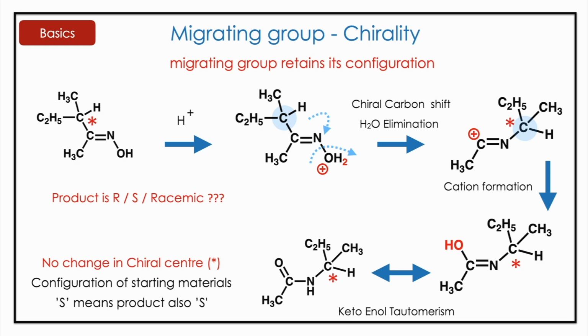The important thing you should learn here is there is no change in the configuration during the transfer of the groups. This is a very important fact because the chiral carbon not changing means the mechanism is concerted. There is on and off proof for concerted as well as non-concerted mechanisms. Here it is a proof for the concerted mechanism.